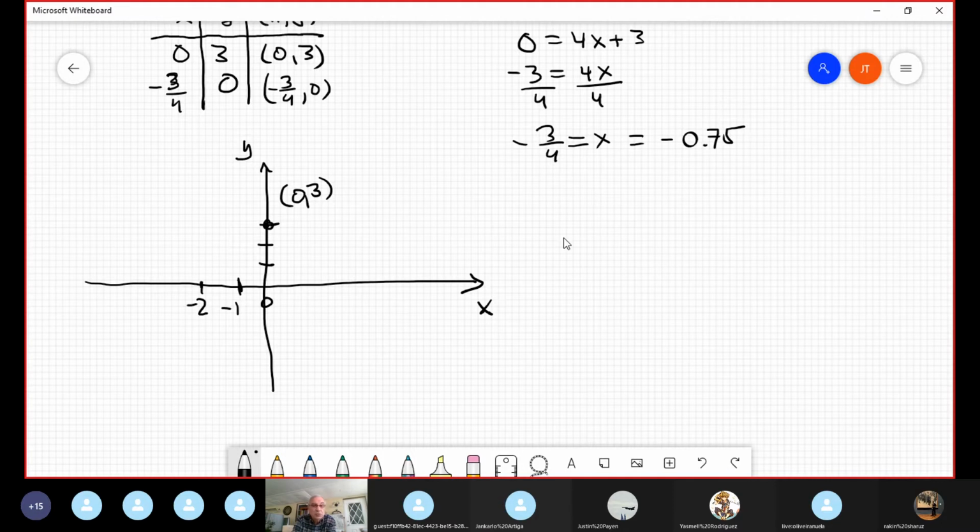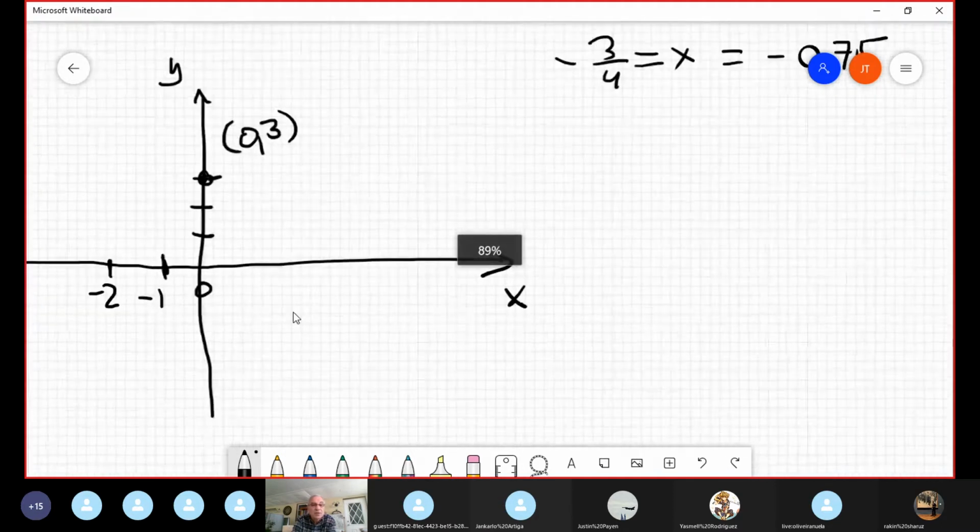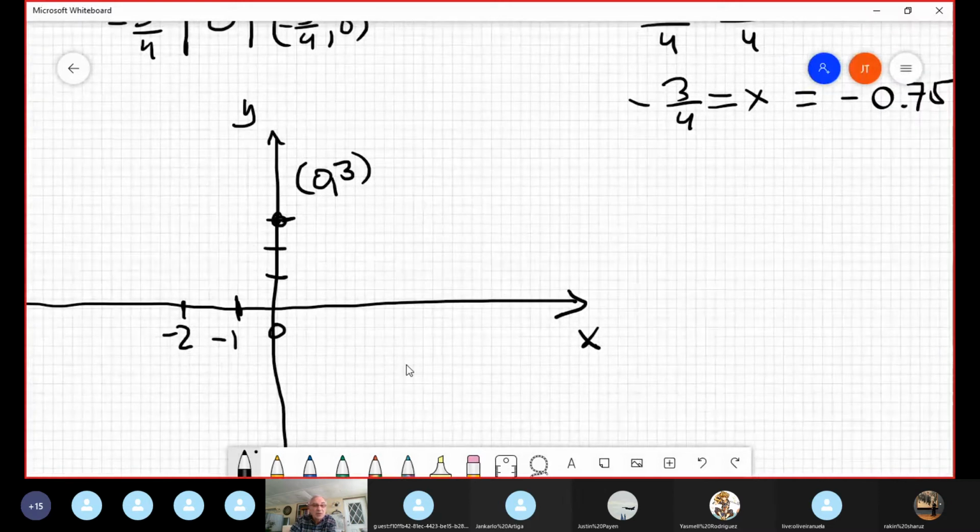Let me zoom to see much better. It's in between 0 and negative 1. Suppose you split this into 4 parts: 1, 2, 3, and 4. Each segment is 1/4, so negative 1 over 4, but negative 3 over 4 is here.